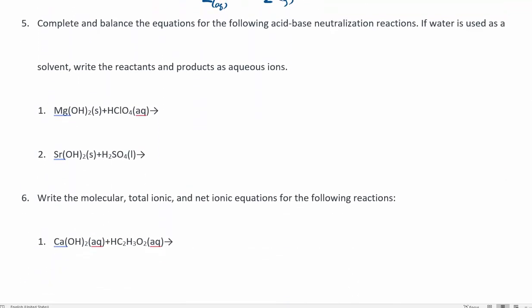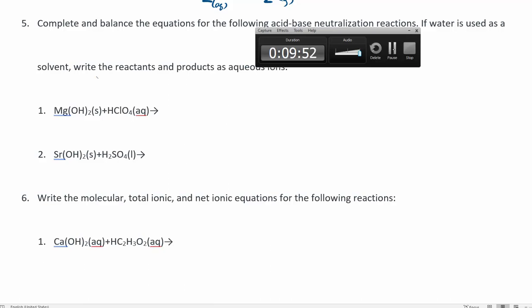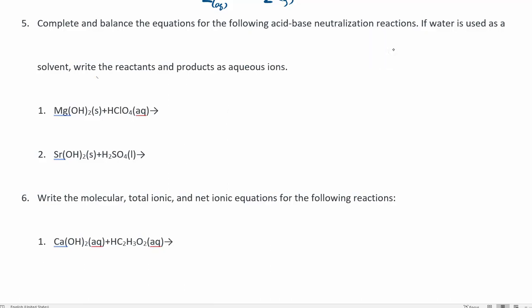Number 5, complete and balance the equations for these acid-base neutralization reactions. So here we have magnesium hydroxide and hydrochloric acid. That's perchloric acid, not hydrochloric acid. So we're going to do a double replacement reaction.